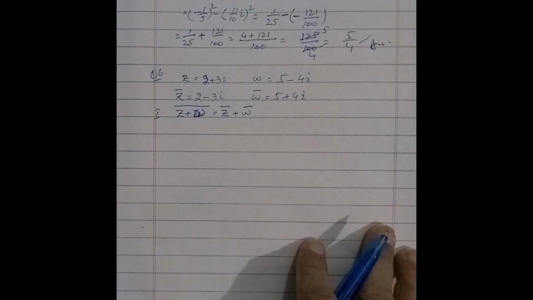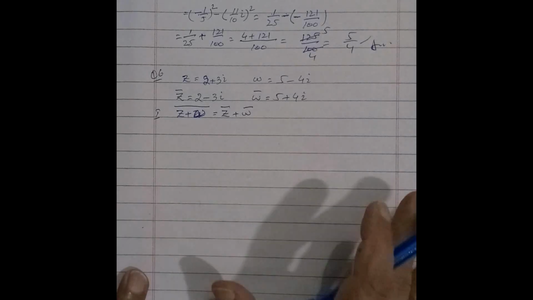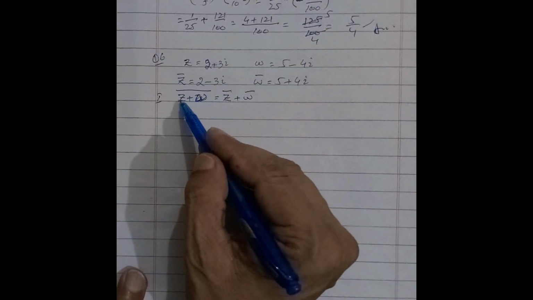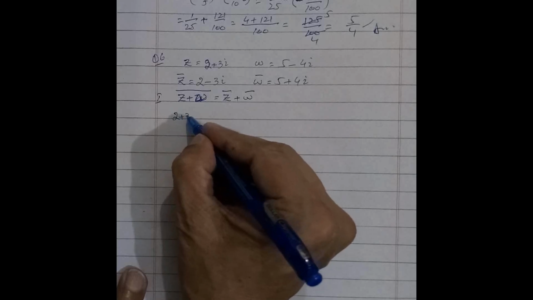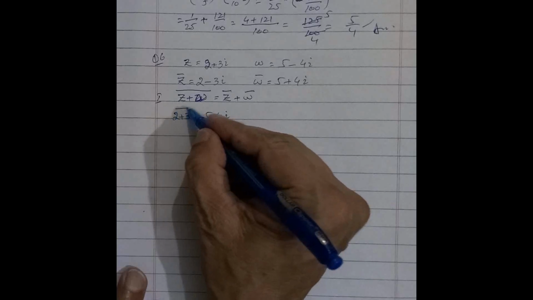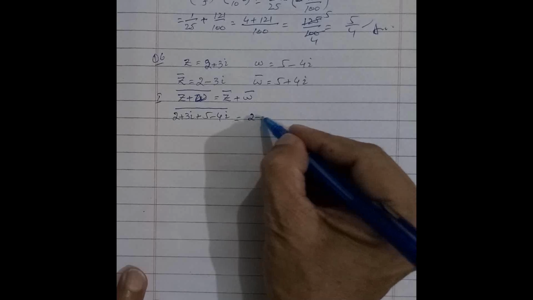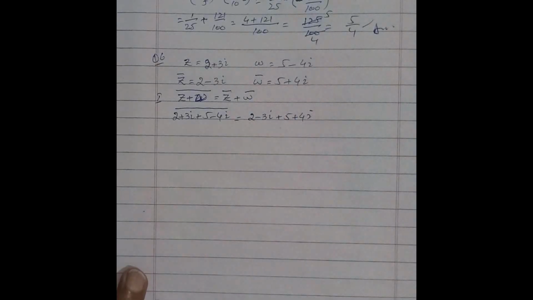So we will solve these questions side by side. Instead of left hand side or right hand side, let's start. Z plus W. We take the complex numbers Z and W. We have 2 plus 3 iota plus 5 minus 4 iota, and take bar. And the other is Z bar, which is 2 minus 3 iota, plus 5 plus 4 iota.